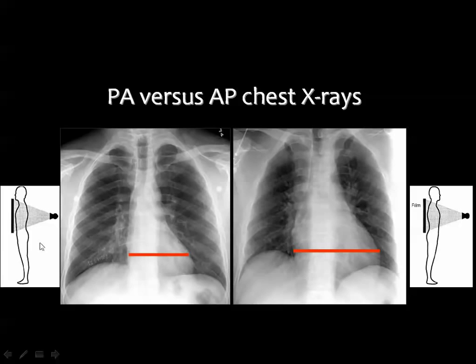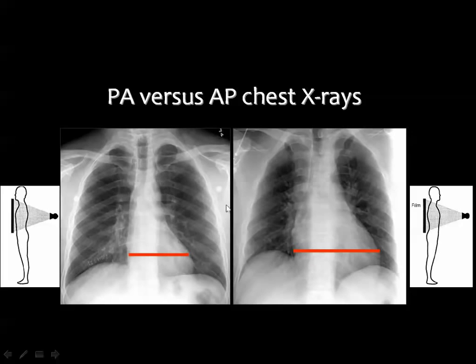And you know that the cardiac shadow is anteriorly located in the thorax. Then in the postero-anterior view, the heart is near to the film, no magnification. But in the anteroposterior view, the heart is away from the film. Then you should expect some magnification in the size of the heart, and this is very well demonstrated here.